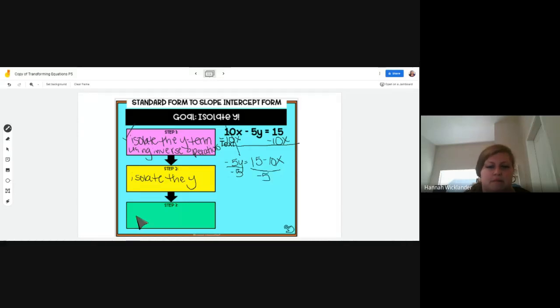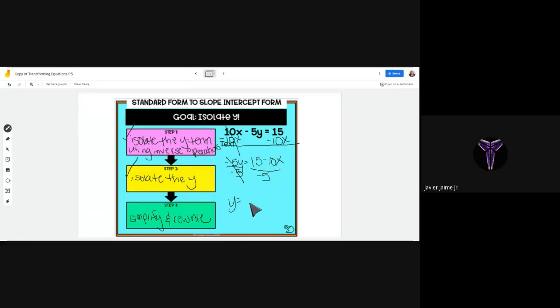Step 3, simplify and rewrite. So I isolated the y, now I'm going to simplify. So these negative 5s cancel and I'm left with y. 15 divided by negative 5 is what? Negative 3.